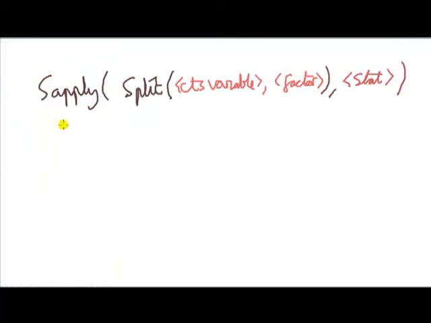We can do that by using the split command with sapply, and it takes this format. So I want to calculate a certain statistic for a given column, where I split my data frame here. I put the name of the continuous variable that I'm interested in, followed by the factor that I'd like to calculate the stat of this thing over, and the name of the stat I want.